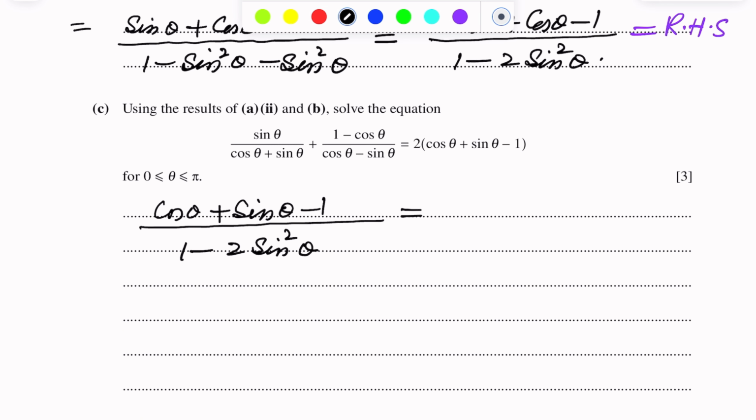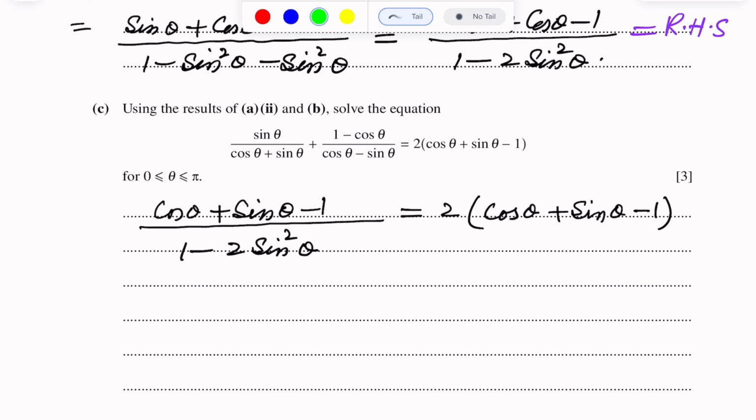is equal to 2 cos theta plus sin theta minus 1. We have to solve this equation, or find the angles in the given interval.